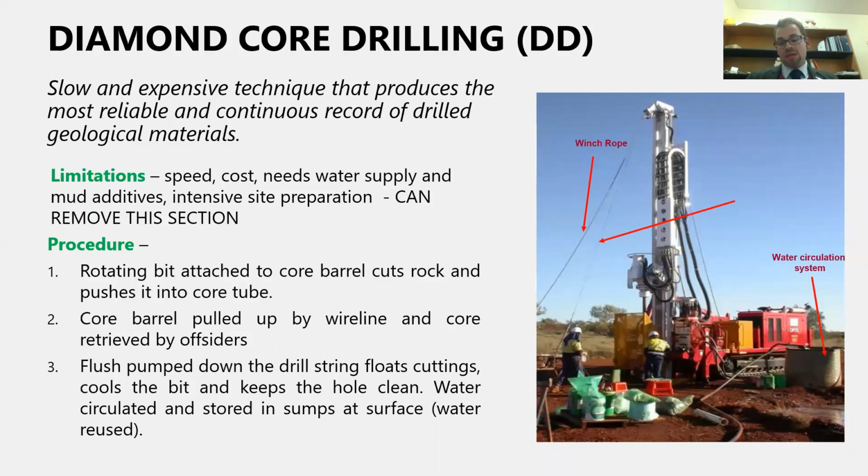A wire line is then employed to remove the core barrel and winch it up to the surface, where drilling contractors will then extract the core and make it available to the geologist.